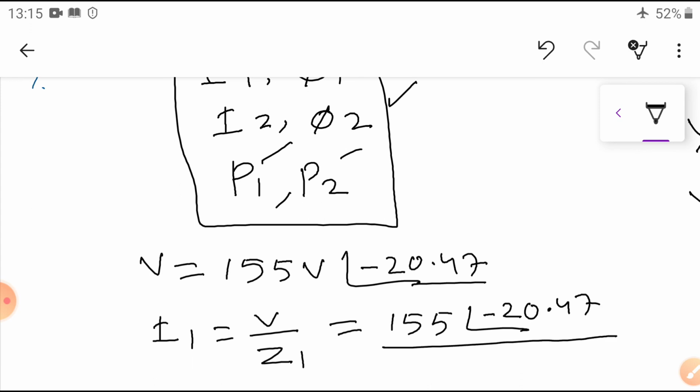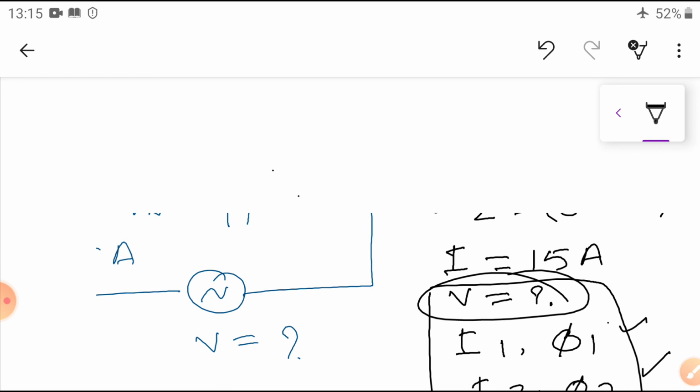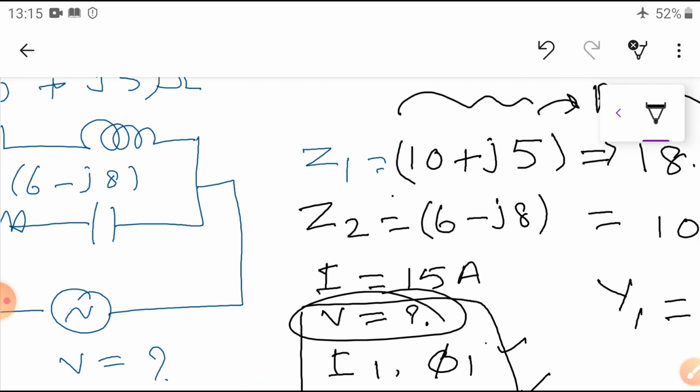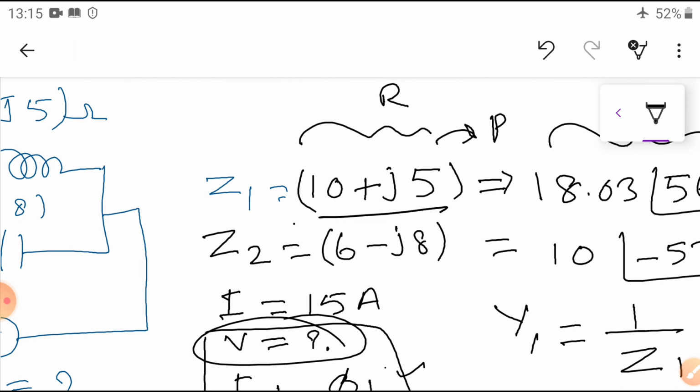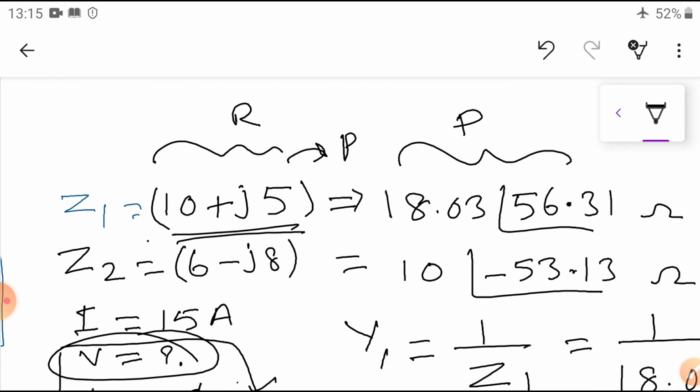divided by 18.03 at an angle of 56.31. So Z1 we already calculated in the first case. So Z1 we calculated, we got 18.03, this value.